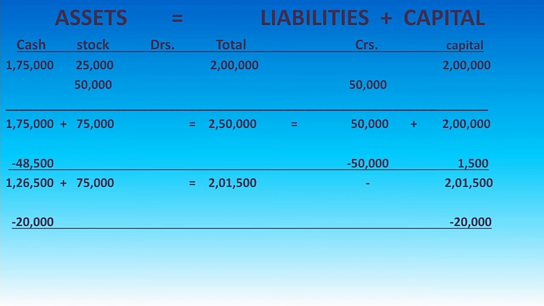So we can deduct 20,000 from the cash column also, minus 20,000 in the cash column and minus 20,000 in the capital column. Now the balance is 1,06,500 cash, stock 75,000. Total of assets 1,81,500 and capital 1,81,500.